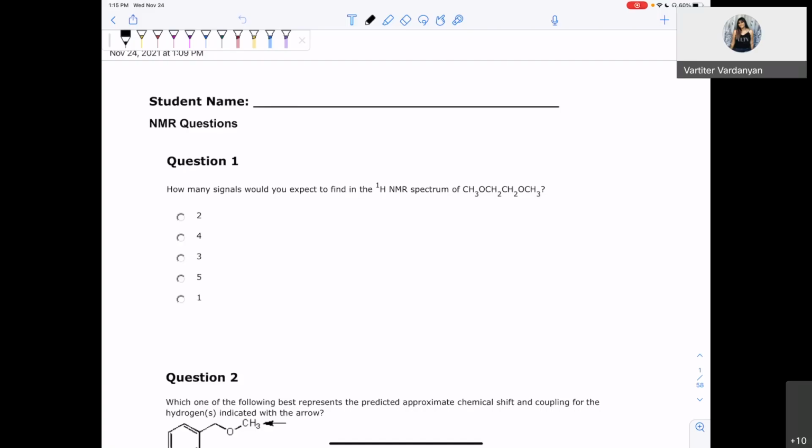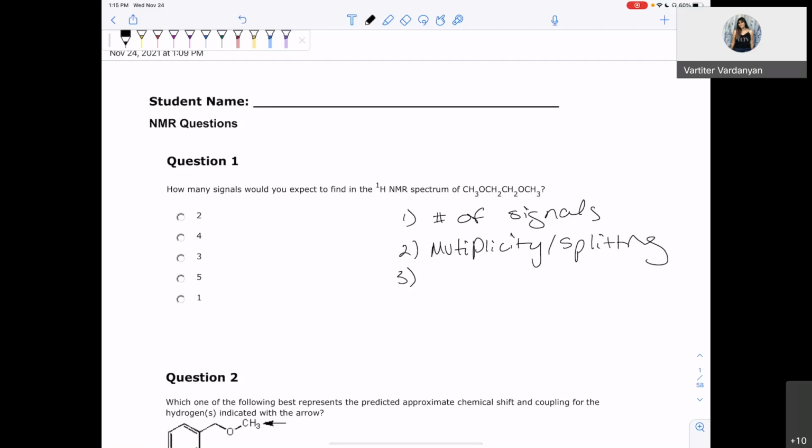All right. So before we actually get into these practice problems, I want to review the four main aspects of NMR. So we had number of signals. We had multiplicity/splitting. We had chemical shift.